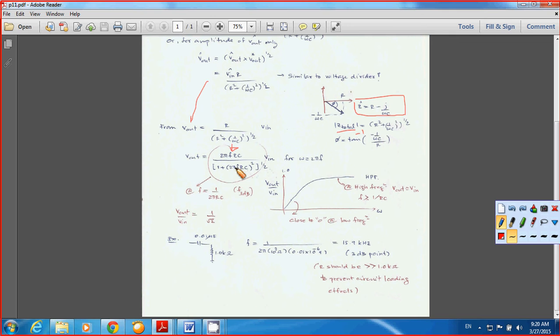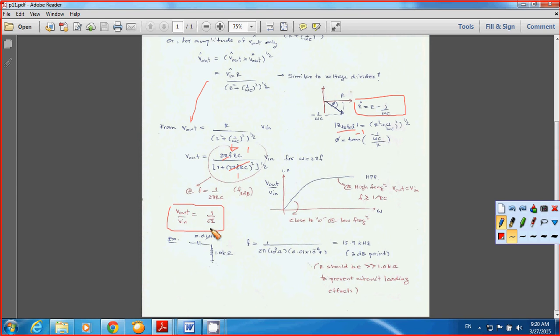There's something interesting here. If you take f equal to 1 over 2 pi RC, what happened? This term simply becomes 1, and the denominator becomes square root of 2. So you have the ratio of V out over V in become 1 over square root 2.